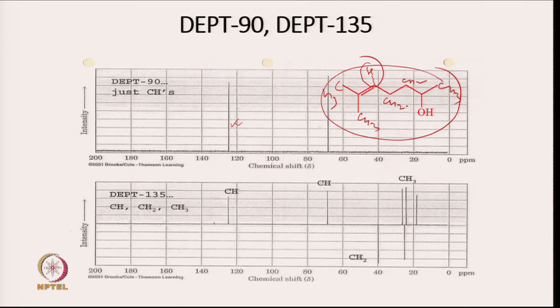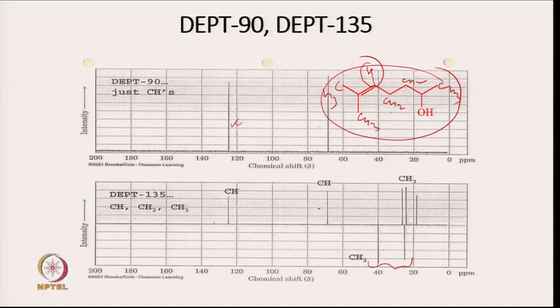So, you will get peaks due to all of CH, CH2, CH3, and the CH2 peaks will be down. So, these two peaks are due to CH2. And there are two different kinds of CH2, so you got two different peaks for CH2.